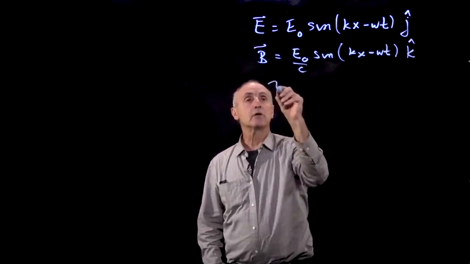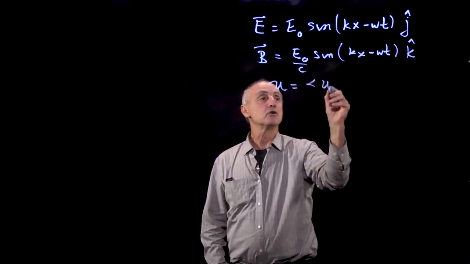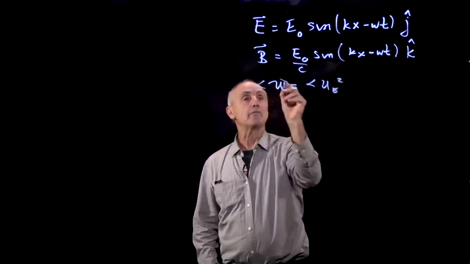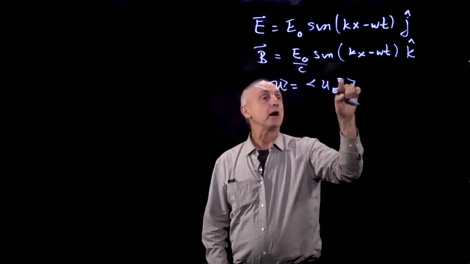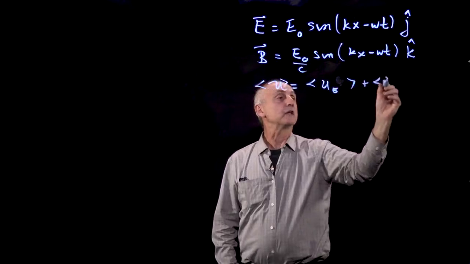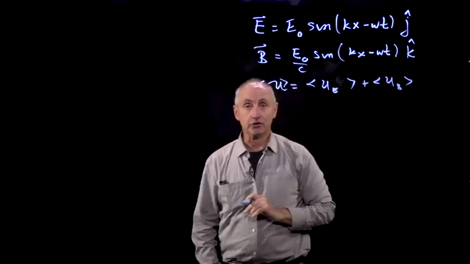And we talked about the energy density stored in this field, and we time averaged everything by looking at the energy density stored in the electric and the magnetic fields.